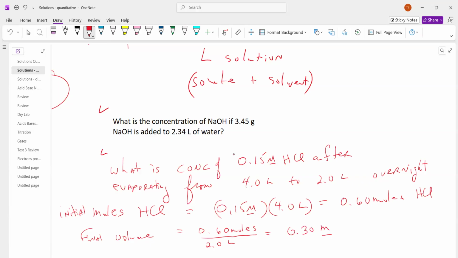Notice it got more concentrated. Now, if we let it evaporate down to like 0.25 milliliters, it'll be even more concentrated. So the message here is: when water evaporates out of a solution, it gets more concentrated. If the solution happens to be an acid or a base, danger zone, because it's going to become more and more concentrated.